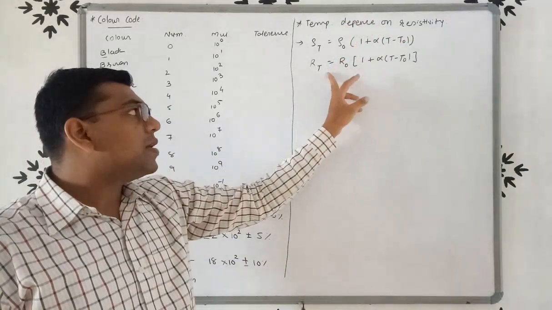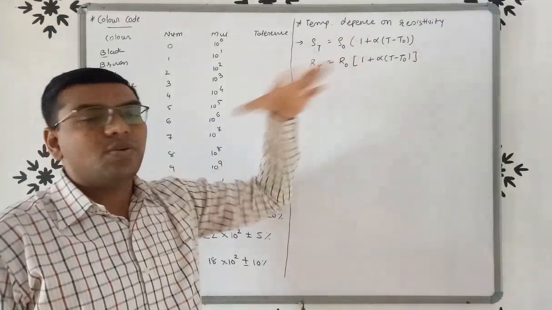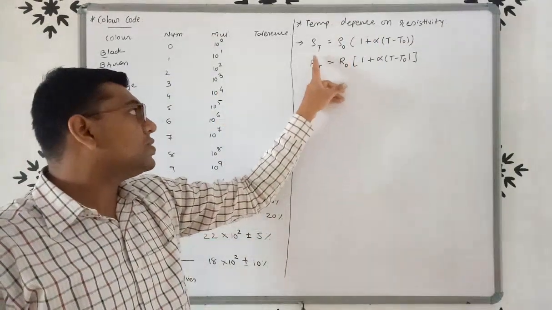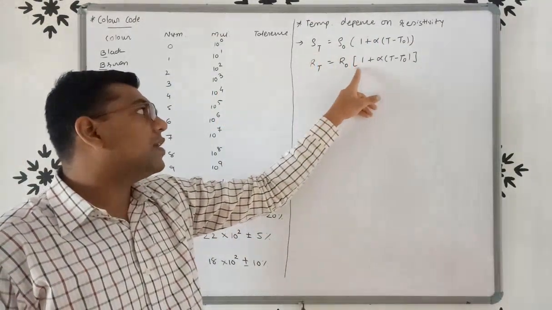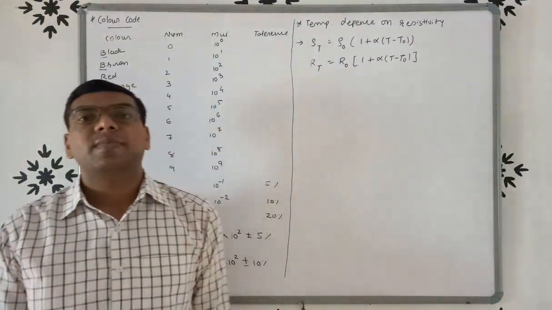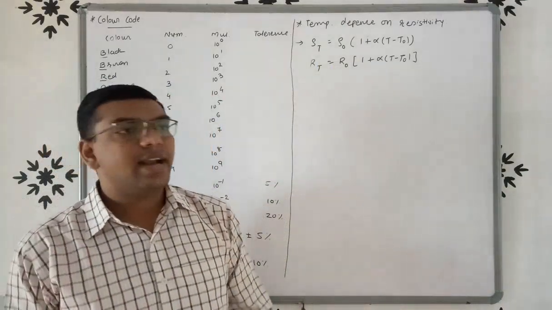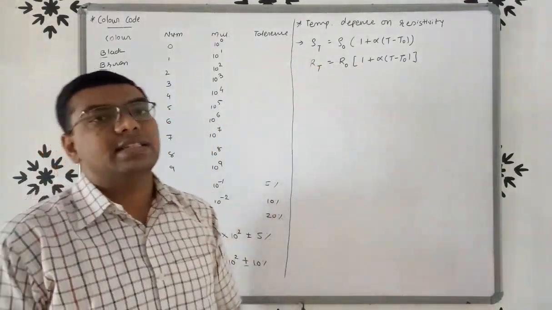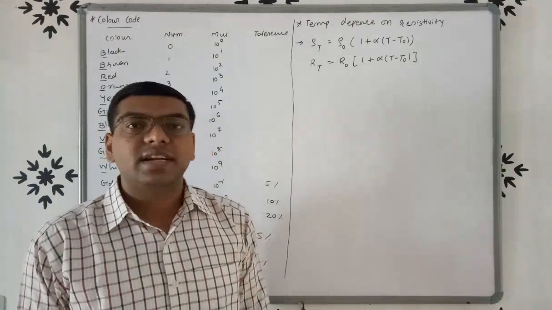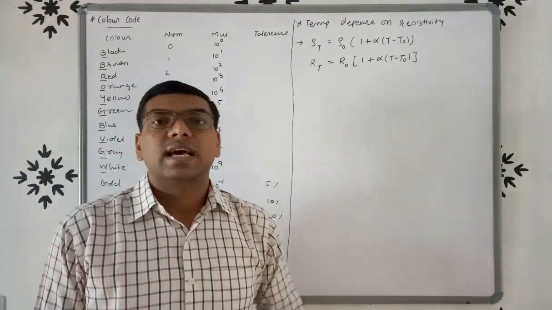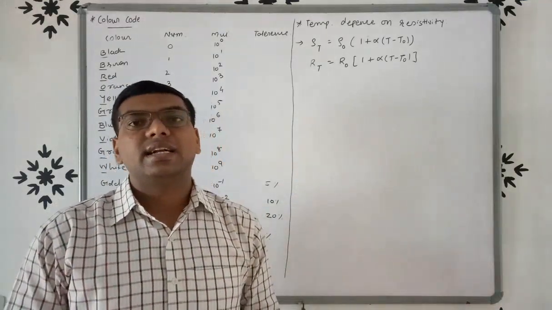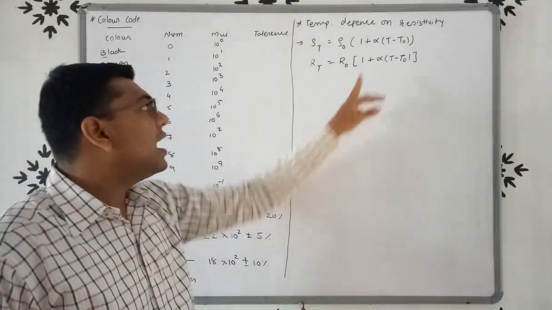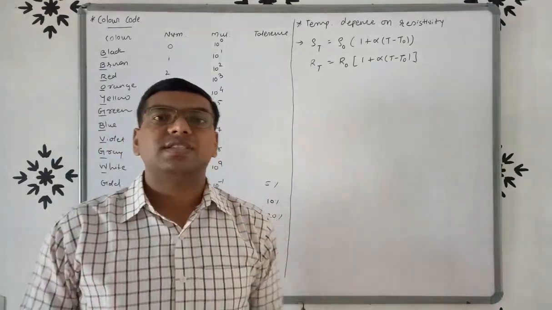You have to simply remember this equation. Instead of rho, we write R, resistance. So RT is equal to R0 into 1 plus alpha T minus T0, where RT is the resistance at temperature T, R0 is the resistance at room temperature, and alpha is again the constant coefficient.